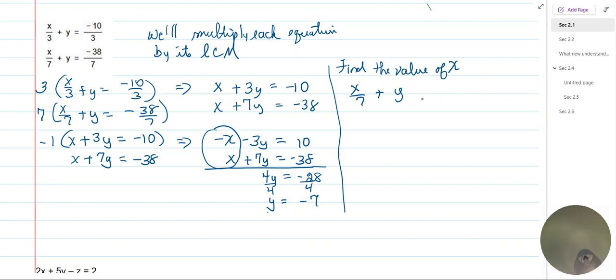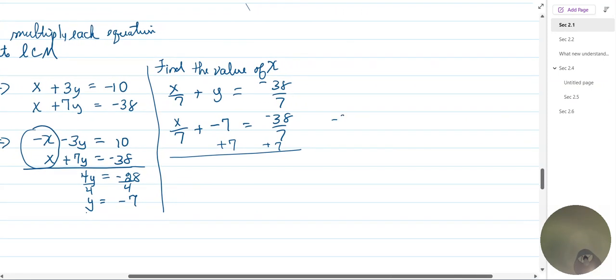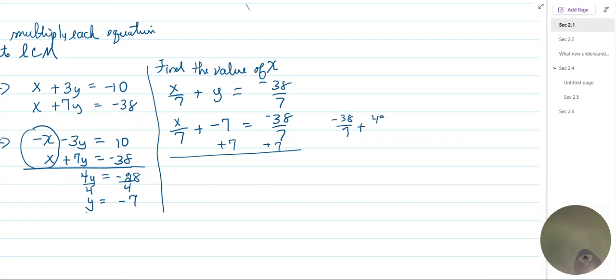So I'm going to insert my negative 7. And now I'm going to add 7 to both sides. When I do that, I'm going to have a negative 38/7 plus, and that would make it 49/7. Okay, 7 over 7 times 7 over 1 is 49/7.